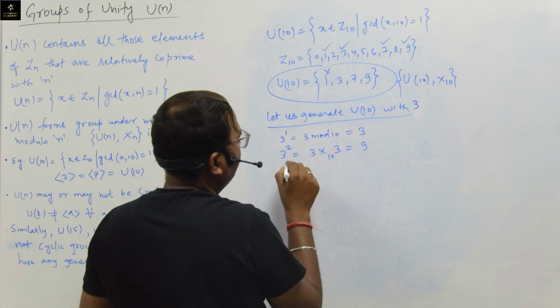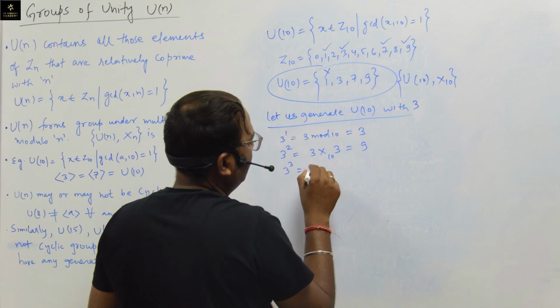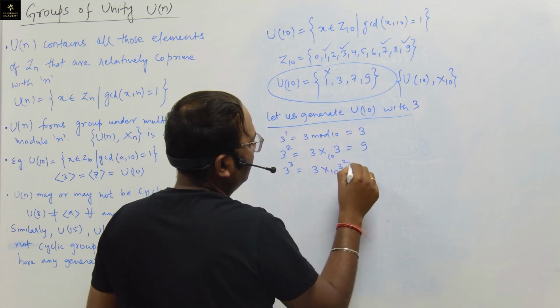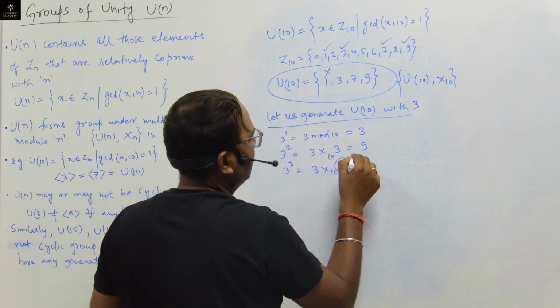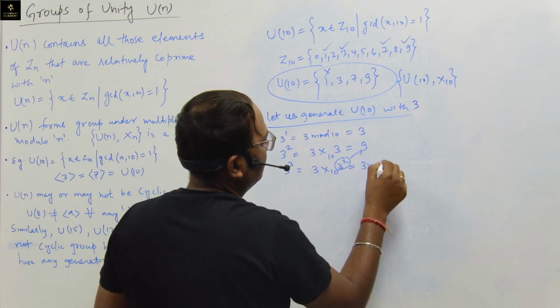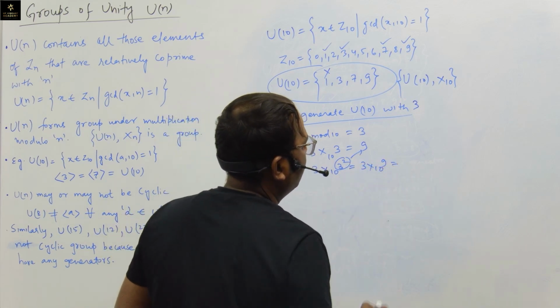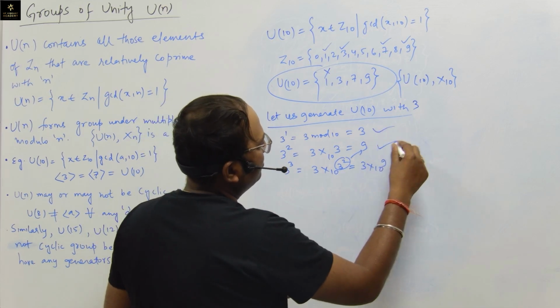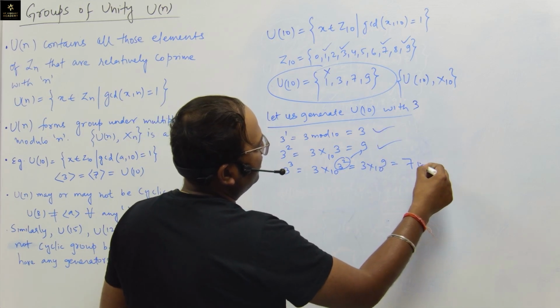Now 3 to the power 3: 3 cross 3 square, and 3 square is 9, so this is 3 cross 9, which is 27 mod 10. This is 7.